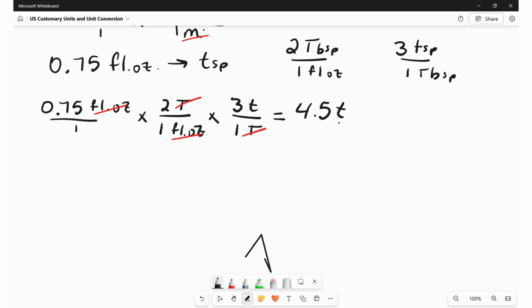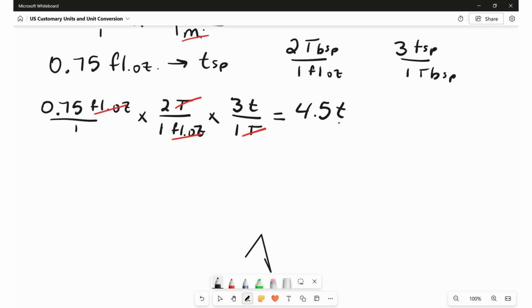Now, what if we want to convert square units, so area units?